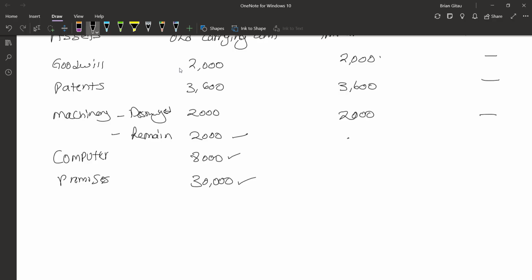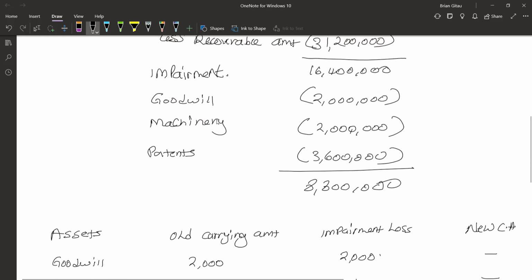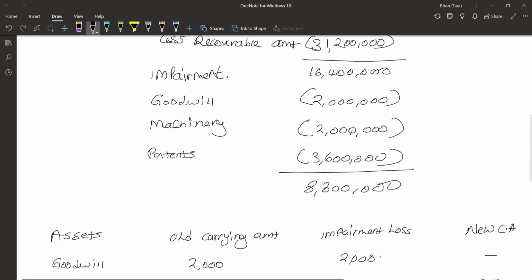And we computed the balance of the impairment loss after writing off some assets and goodwill, which was 8.8 million. Now we need to distribute this 8.8 million to the remaining assets based on the weight of their carrying amounts. Let's go ahead and do that.